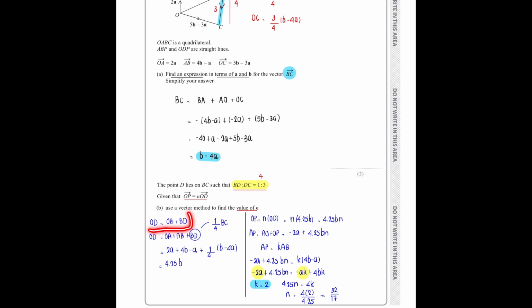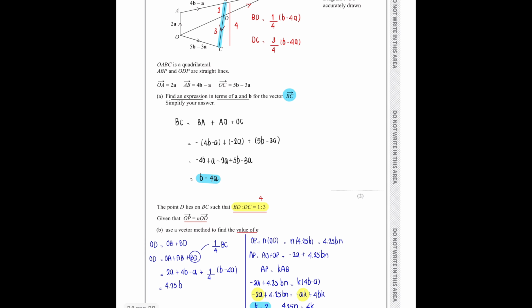OD equal to OB plus BD, in which OB equal to OA plus AB, and according to the question, BD equal to 1 over 4 of BC. So that means OD will be equal to OA plus AB plus 1 over 4 of BC.